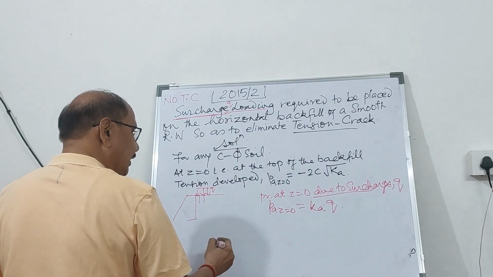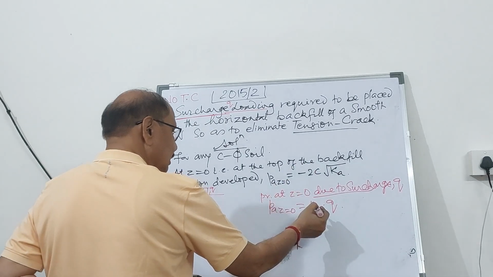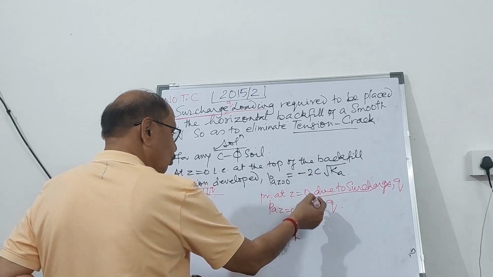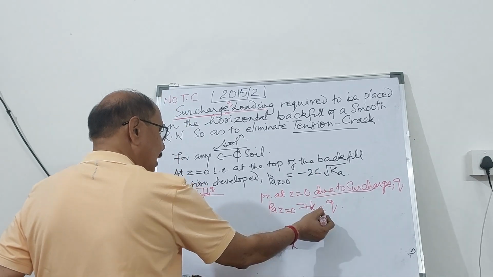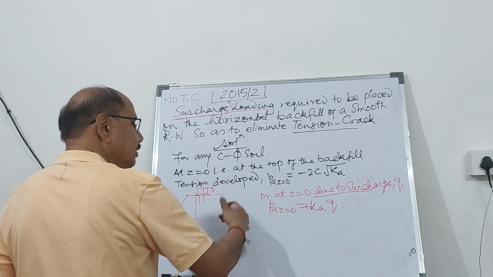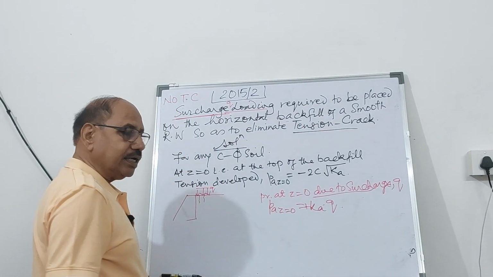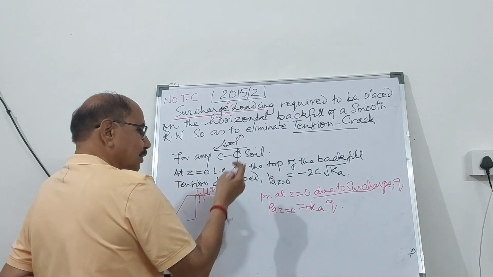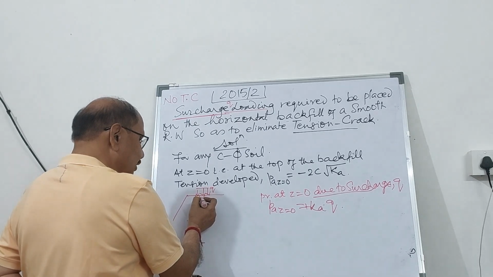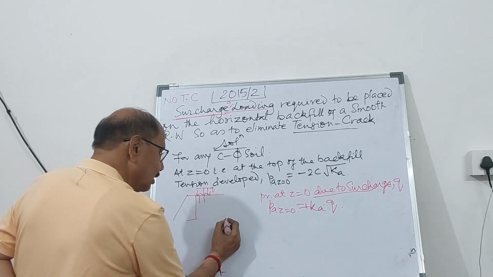So if you equate it so that these two become equal. If this is negative, this is positive. When both are equal, it will nullify. There will be no negative pressure. And if there is no negative pressure, there will be no tension crack.